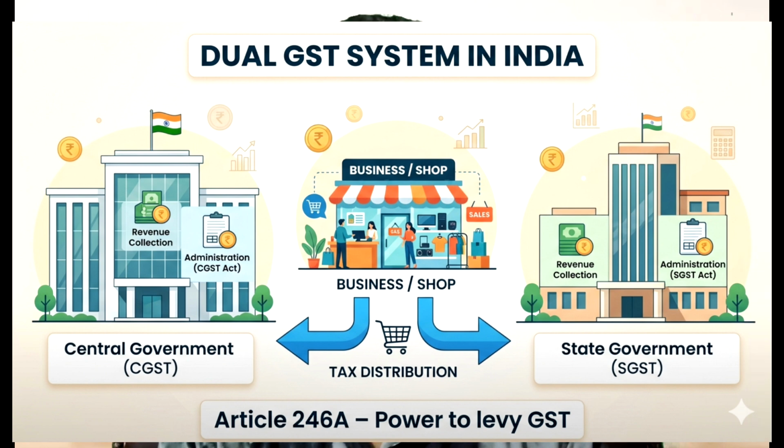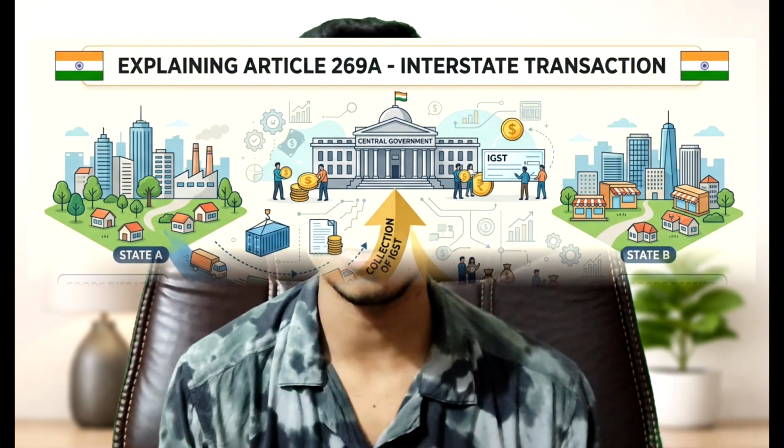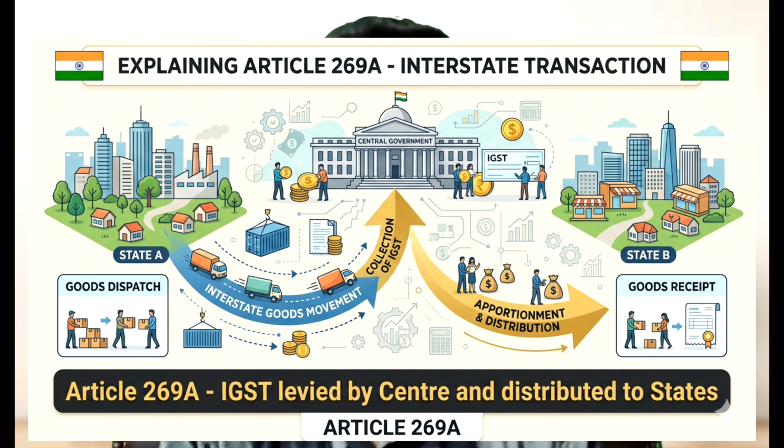The next is Article 269A, which deals with interstate supply of goods and services. That means goods and services that take place from one state to another. In this, the central government has the power to levy tax and later a portion is distributed to the state government. So in simple terms, Article 246A deals with the powers of GST and Article 269A deals with interstate supply of goods and services.